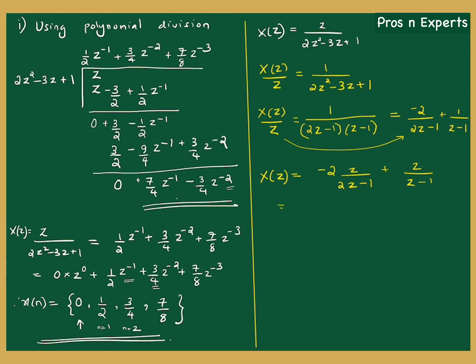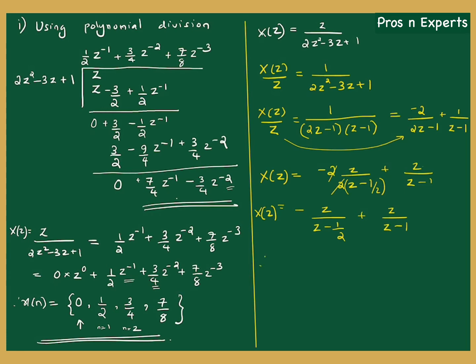Taking 2 outside, these two cancel. So minus z by z minus half plus z by z minus 1. This is x of z. Now both the terms are perfectly in a standard form where you can easily evaluate the inverse Z transform.